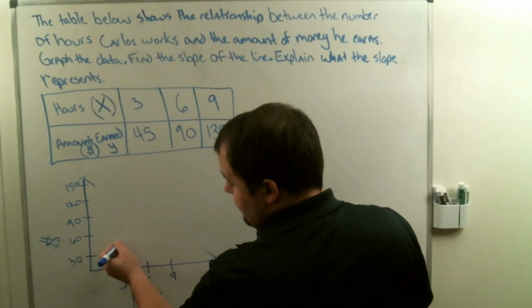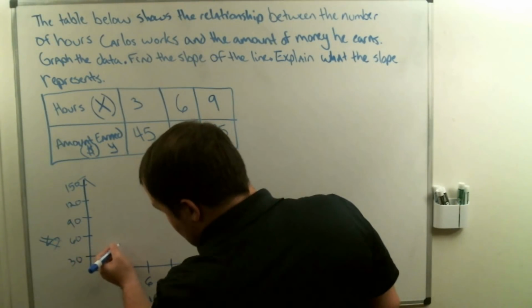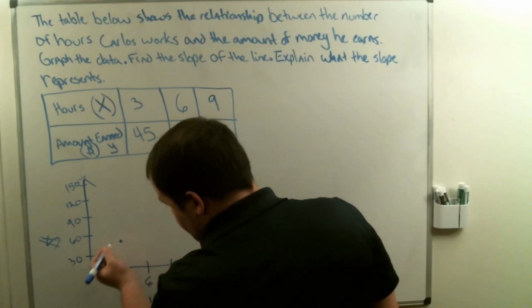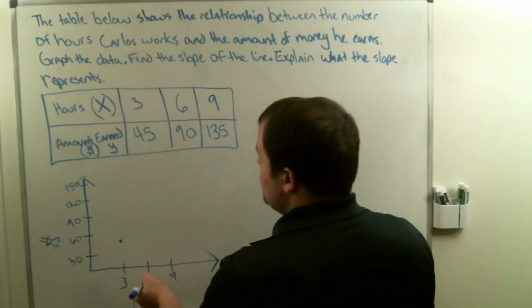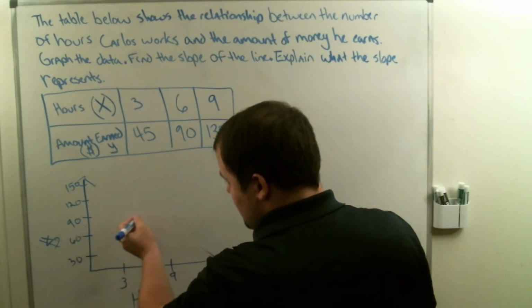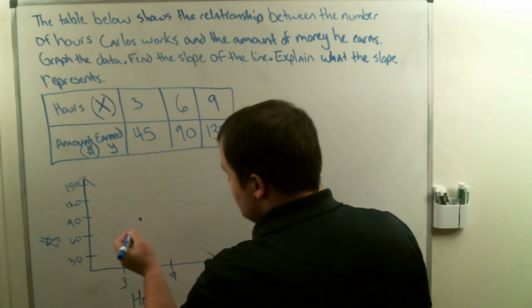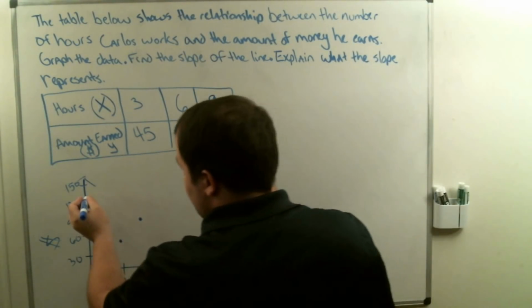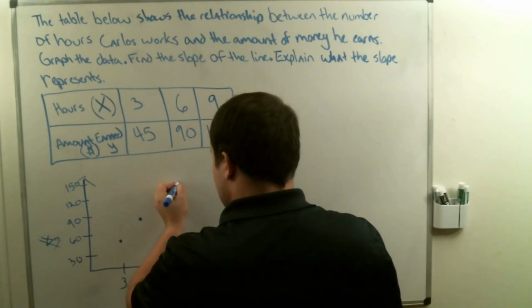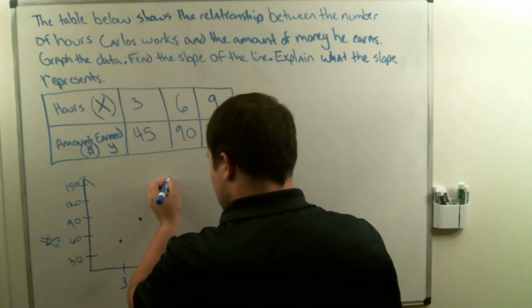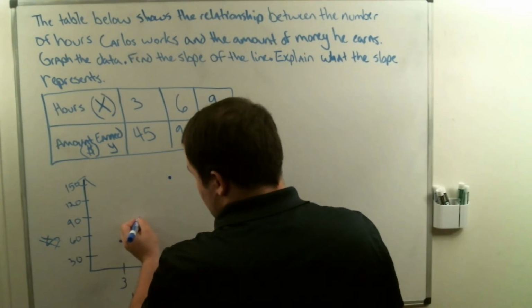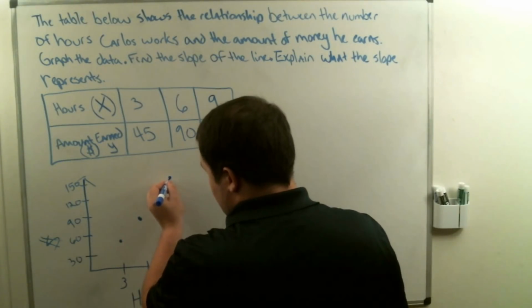So 3 over, 45 up, which is in between 30 and 60, right in the middle. 6 and 90, well I can go right to 90. Here's 6. And 9 and 135, which is in between 120 and 150. Alright, so here is my graph.